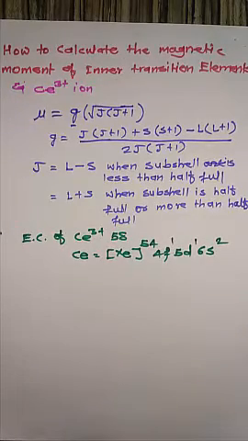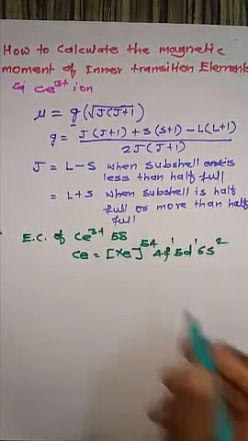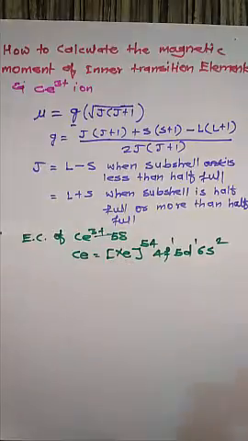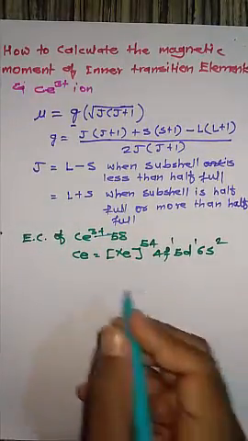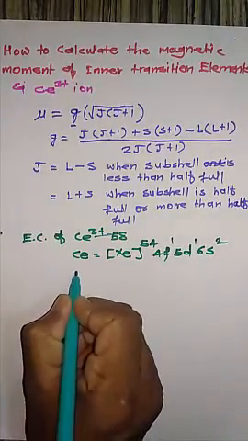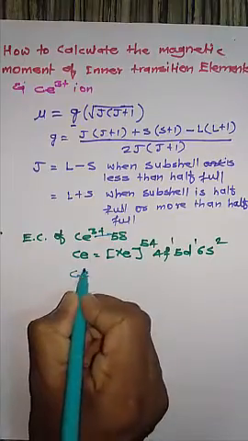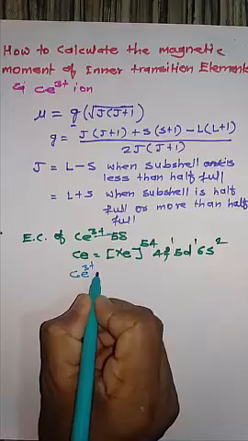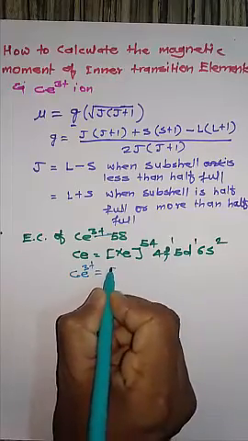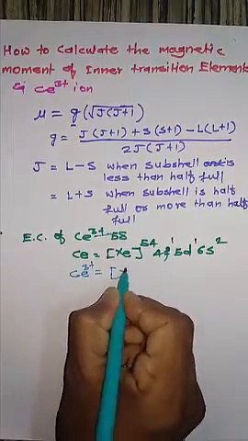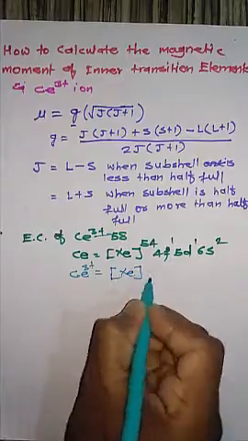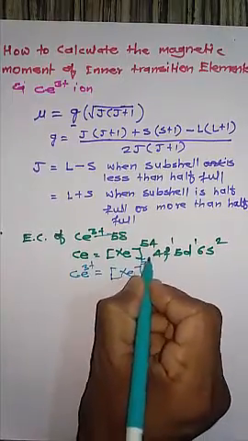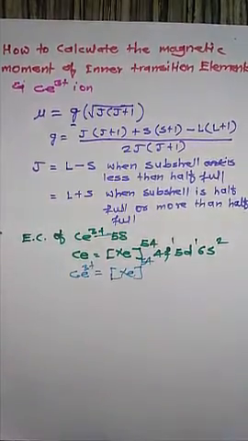But cerium here is in the +3 oxidation state. So what does +3 mean?